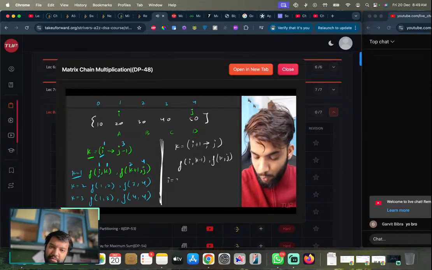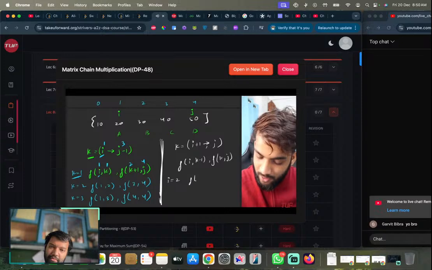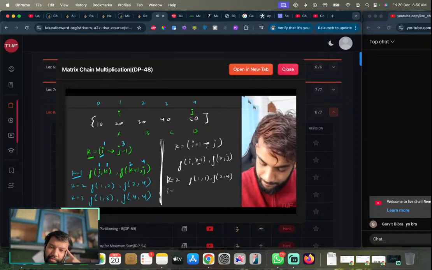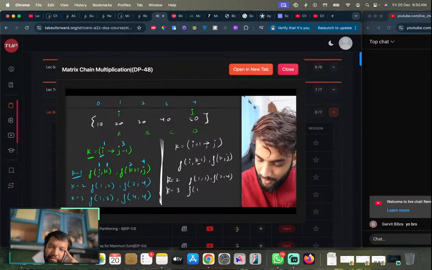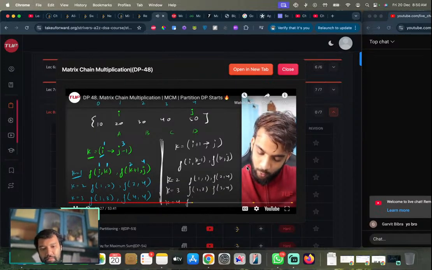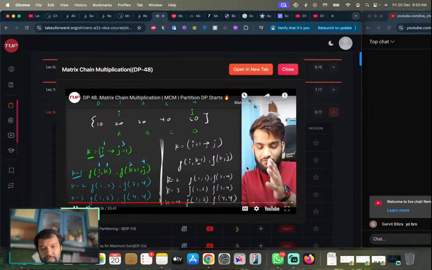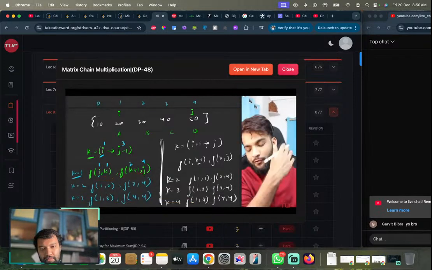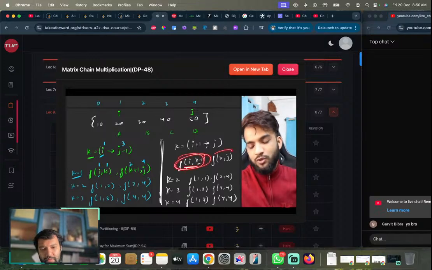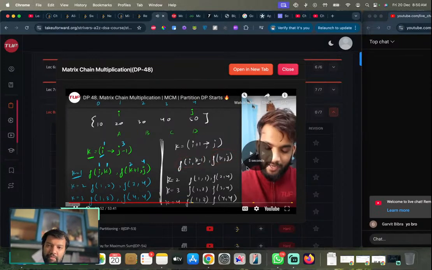If k is 2, which is the initial case, then it will be 1 comma k minus 1, so f of 1 comma 1 and f of 2 comma 4. If k is 3, it will be 1 comma 2, 3 comma 4. If k is 4, it is going to be 1 comma 3 and 4 comma 4. Then you do a partition from I to k and k plus 1 to j, or if you run from I plus 1 to j, you do a partition from I to k minus 1 and k to j. Both of the ways are very simple.